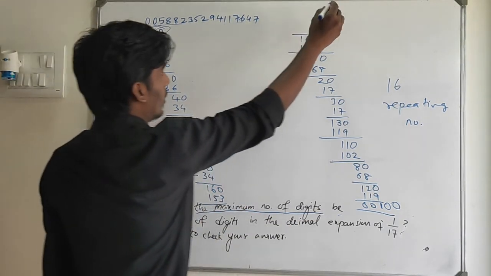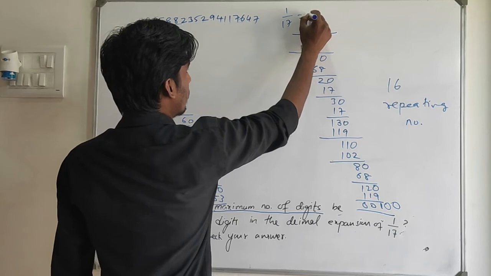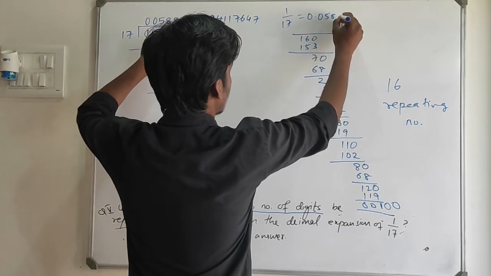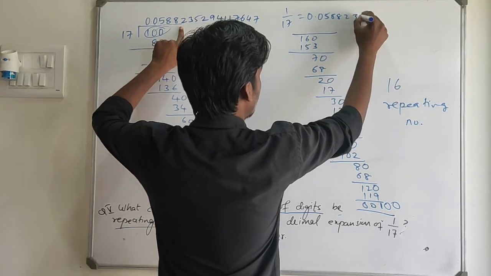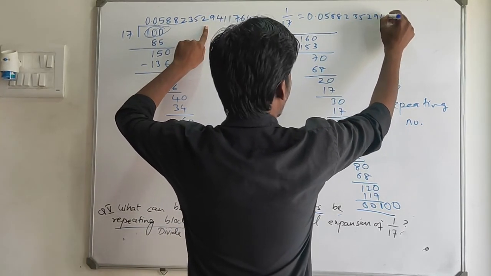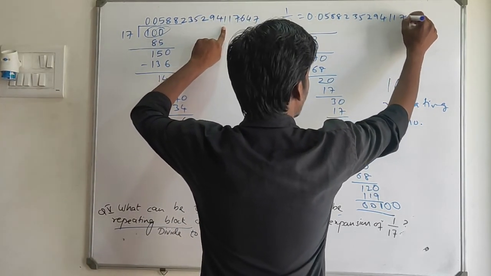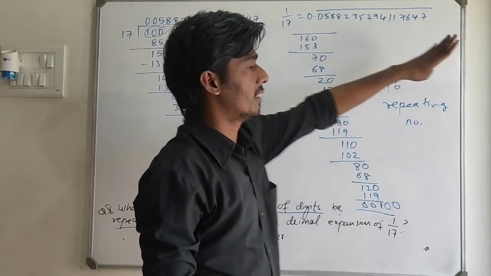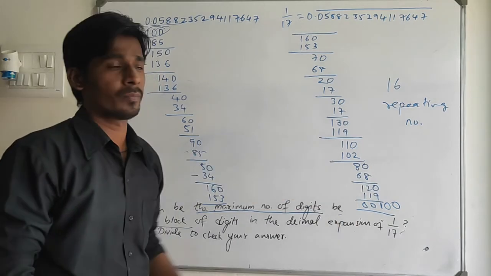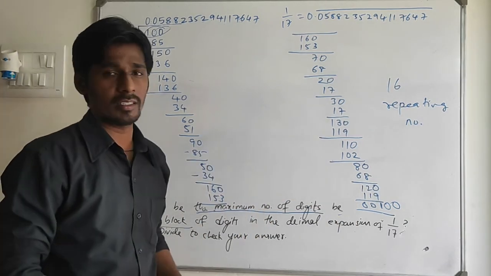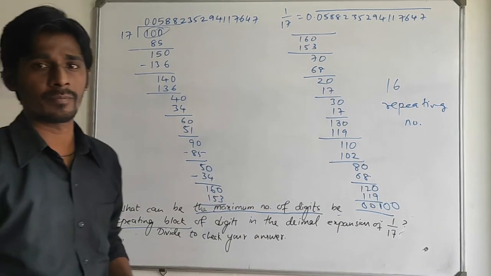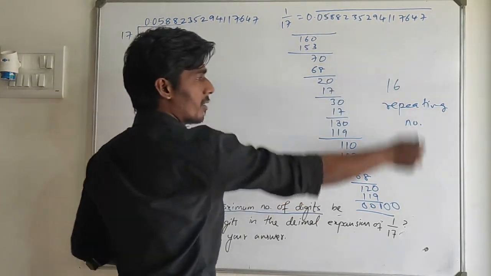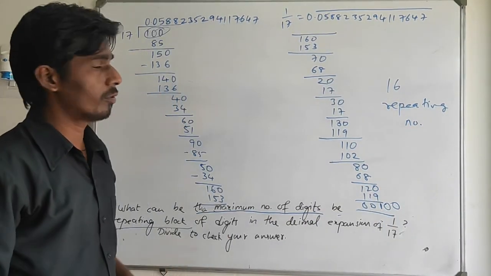So its actual answer is 1 upon 17 equals 0.0588235294117647 with a bar, because after this all these numbers are going to repeat. This is the way we can solve question number 5. It's quite lengthy, so just write down all the multiples of 17. It will be quite easy to divide it.